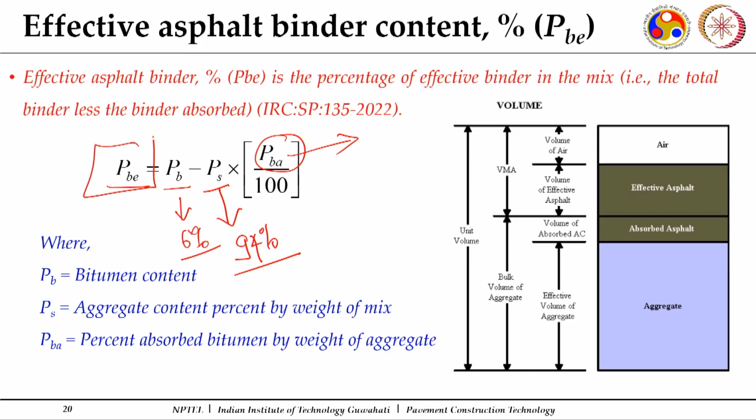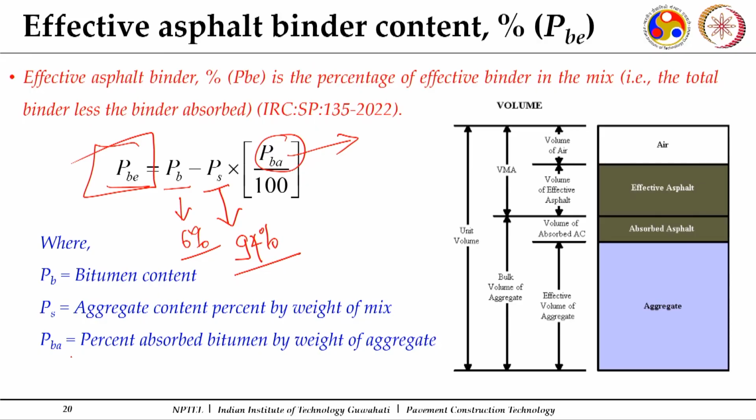That gives you the percentage of bitumen which is effective, or which is free and available for coating the aggregates, with respect to the weight of the mix. So here you see, PBE is the percentage of effective binder in the mix, total weight of binder less the binder absorbed, and this is with respect to the weight of the mix. So, these are some important parameters.